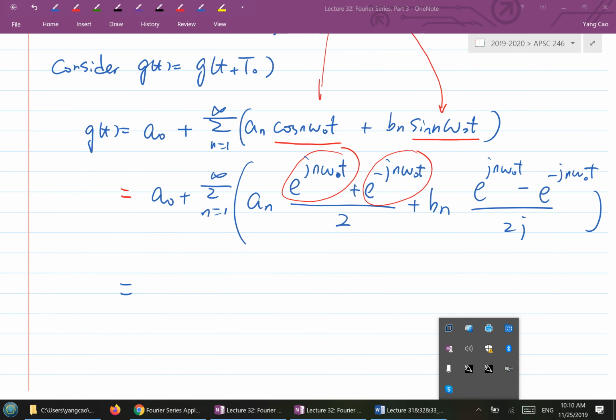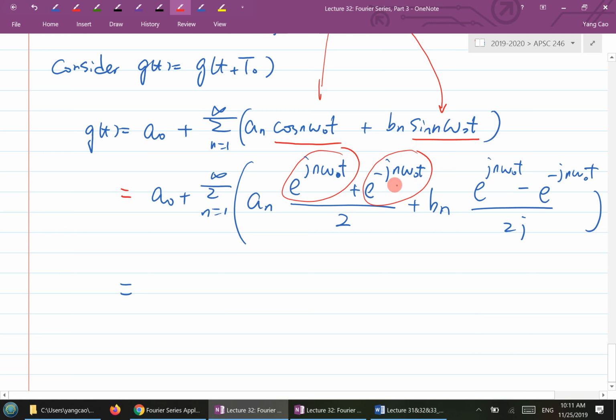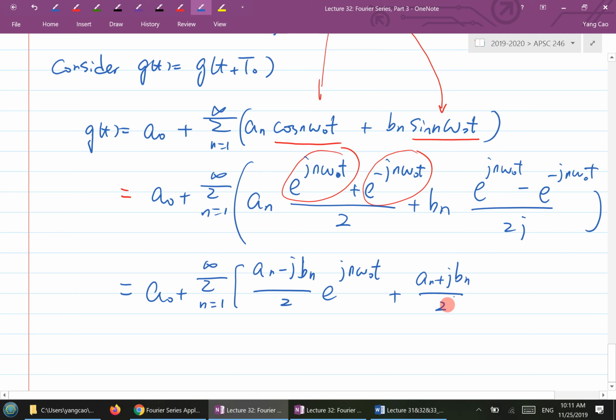I will group all of the terms associated with e to the power of j n omega naught t, and all the similar terms associated with e to the power of negative j n omega naught t, and we get this expression now. So that's what we get.